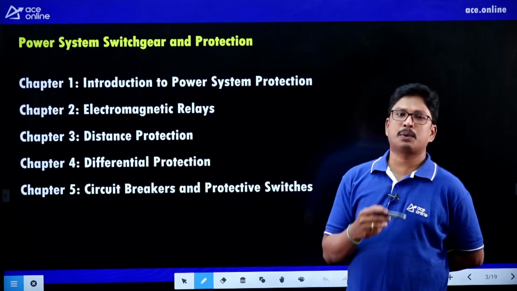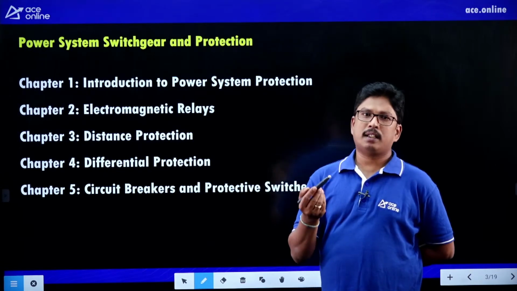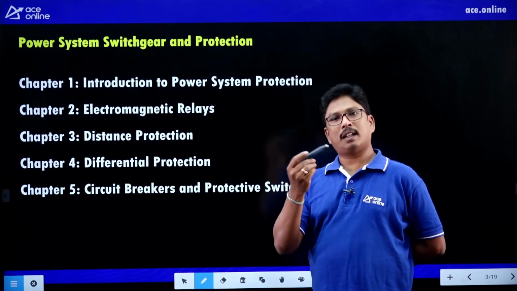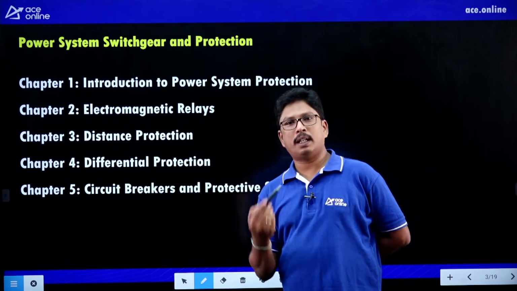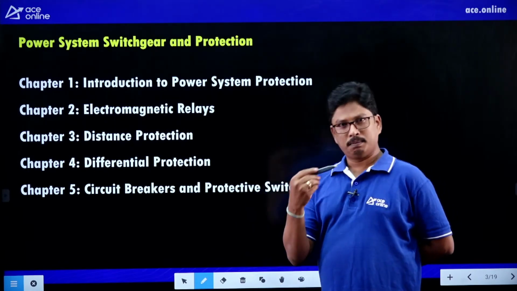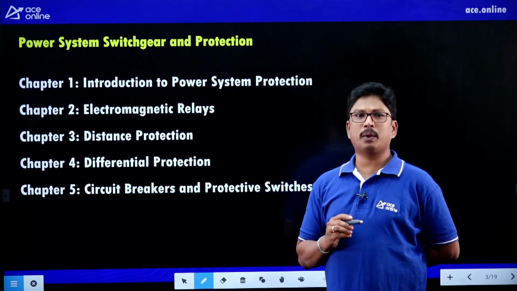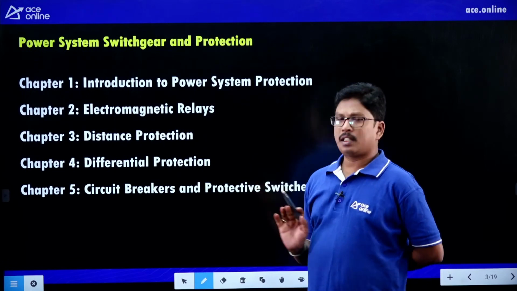What are the various switches we have in the substation, what are the wave traps, capacitor voltage transformers, isolators, earth switches, current transformers, potential transformers, circuit breakers. Everything we are going to introduce in chapter 1.